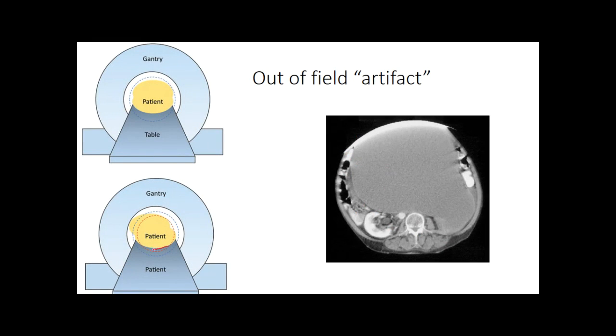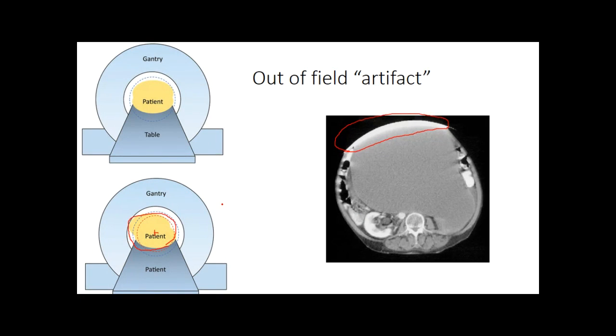If the patient is not exactly in the center and is to one side, you might see that part of the patient will look outside the examination field, the scanned field. So this is one of the difficulties.